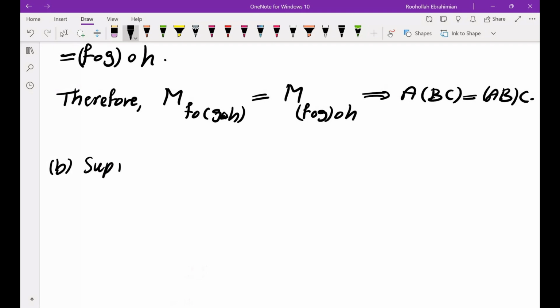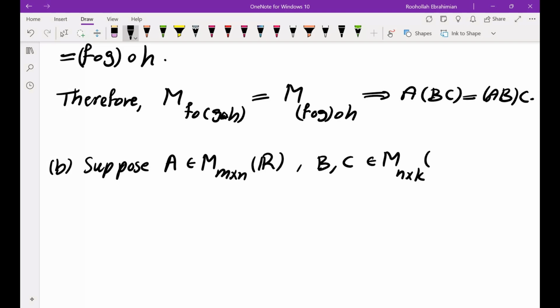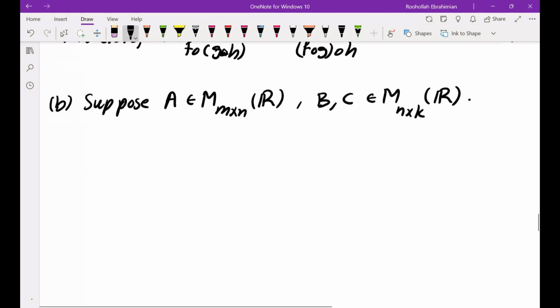So suppose A is an m by n matrix with real entries, and B and C are n by k matrices with real entries.